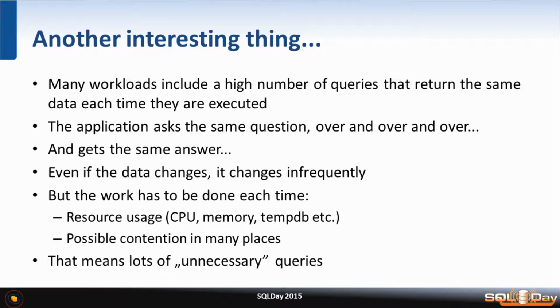I've seen queries in real workloads with real applications where a particular query, verbatim, the same query every time, would be executed 100 million times per day. That gives you some idea about the size of the workload as well.